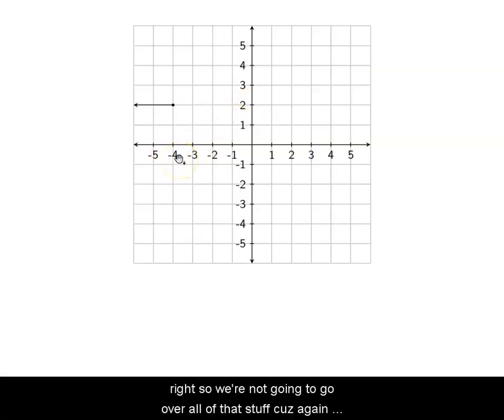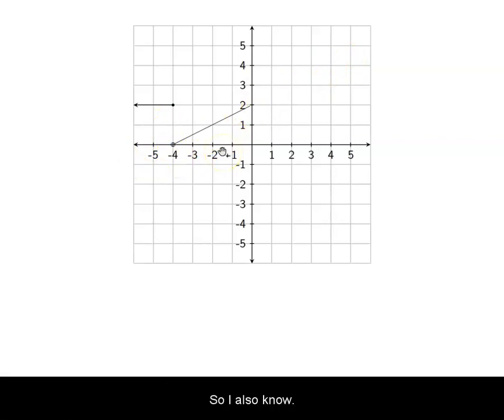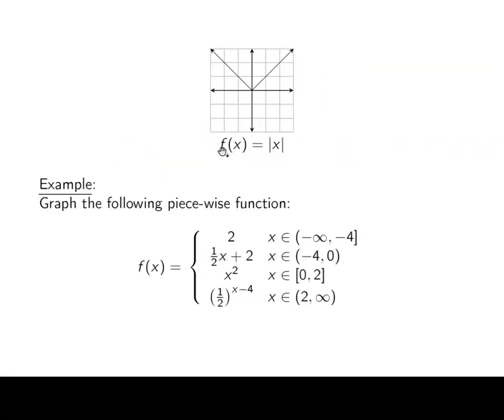We're not going to go over all of that stuff because this is a calculus class, not an algebra class. But you should know how to plot a line, the whole thing, and erase what's missing, or just the existence. I also know that I do not exist at these boundaries.